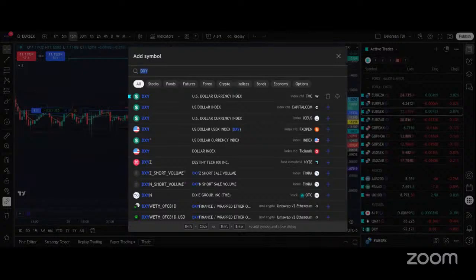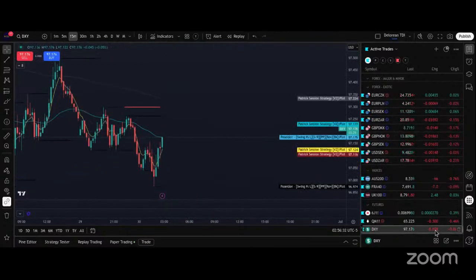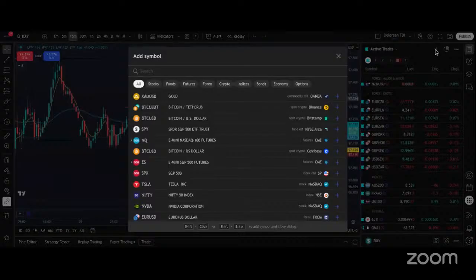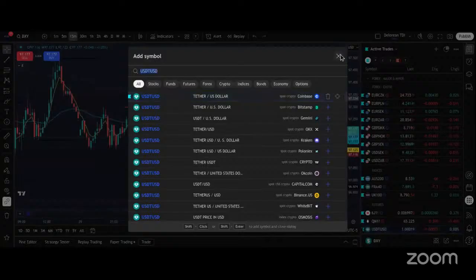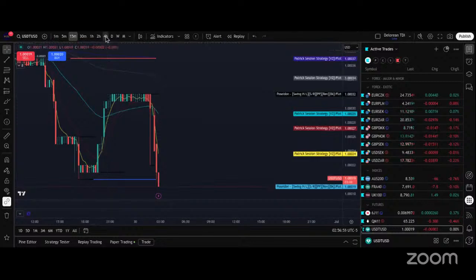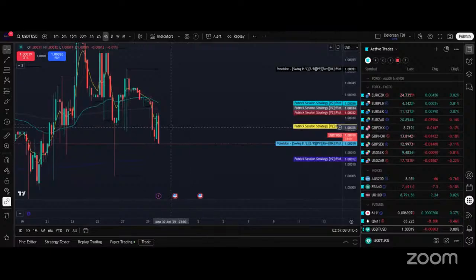The dollar's losing value, and it's on a downtrend. The dollar's weakening. That means that tether is growing, which helps our downside bias. A little higher time frame, and we do have an uptrend on tether versus the US dollar.